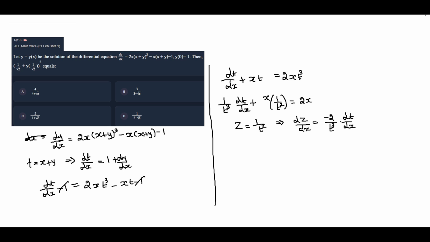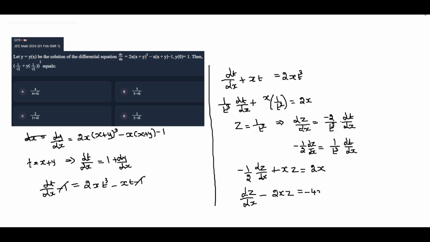So the term 1 by t cube dt by dx is nothing but minus 1 by 2 dz by dx. So just replace the value: minus 1 by 2 dz by dx plus xz, which is equal to 2x. Now dz by dx minus 2xz is equal to minus 4x.